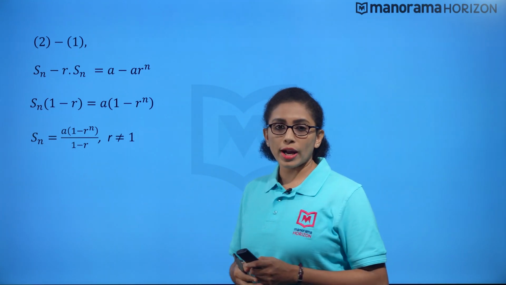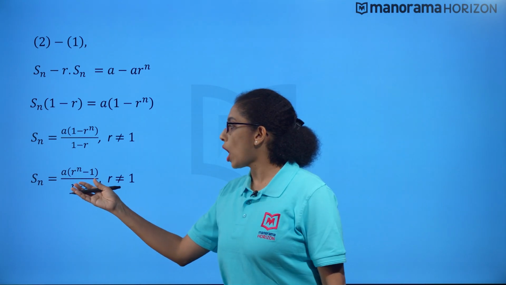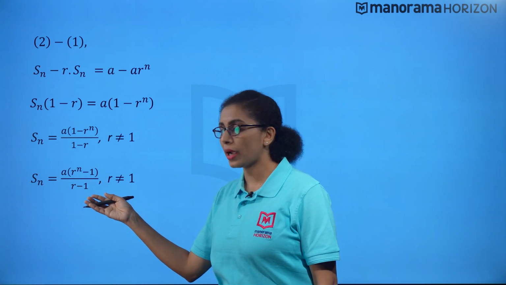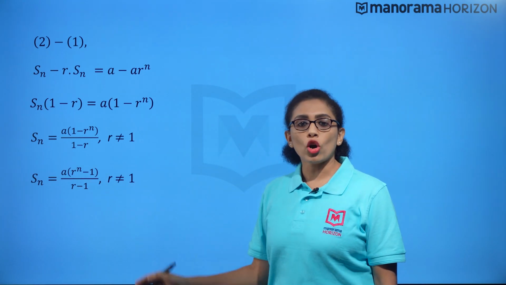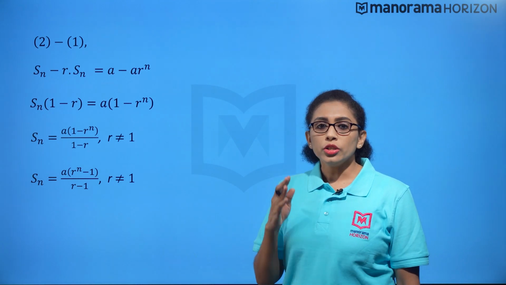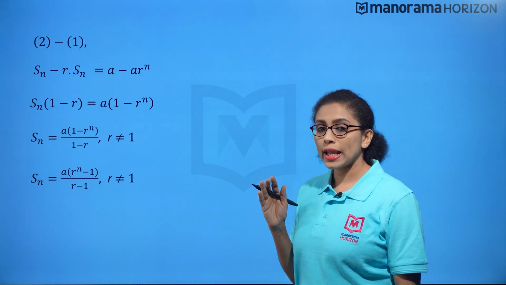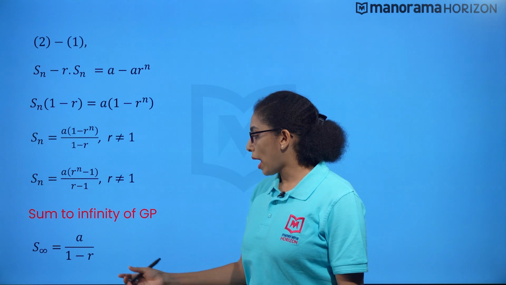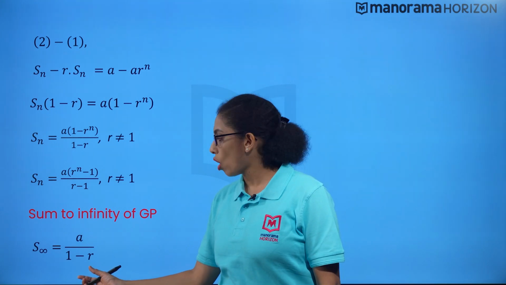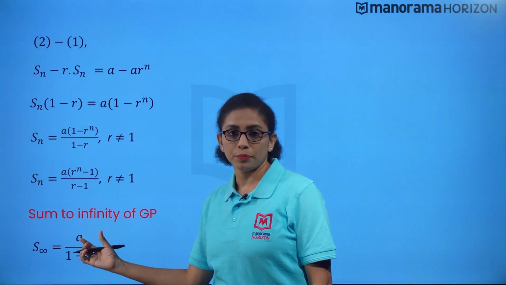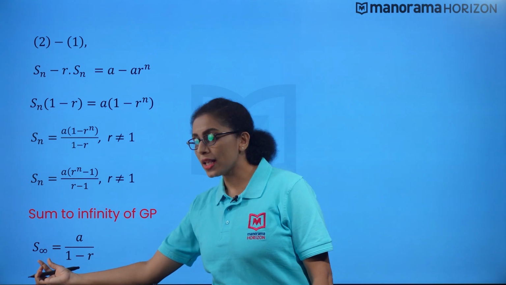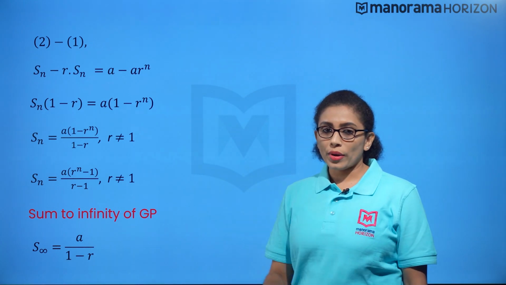Or again we can write Sn is equal to A into R raised to n minus 1 by R minus 1, where R not equal to 1. Here note that the quantity A by 1 minus R is called sum to infinity and is represented by S infinity.